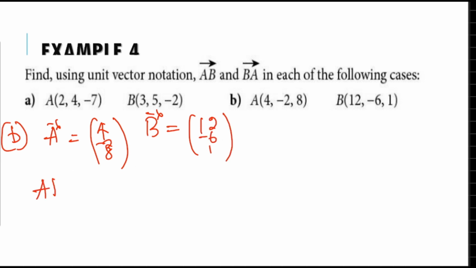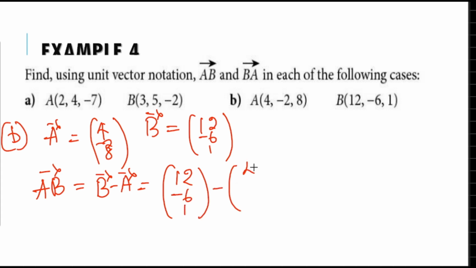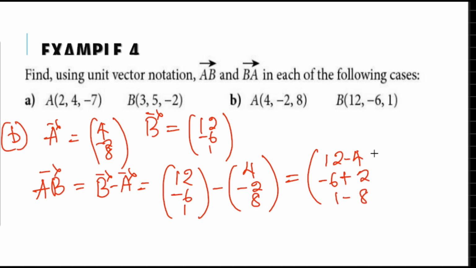So we have AB, which is B minus A, which is equal to 12, minus 6, 1 minus 4, minus 2, 8, which is equal to 12 minus 4, minus 6 plus 2, 1 minus 8, which is equal to 8, minus 4, minus 7. Okay, that is the final answer.